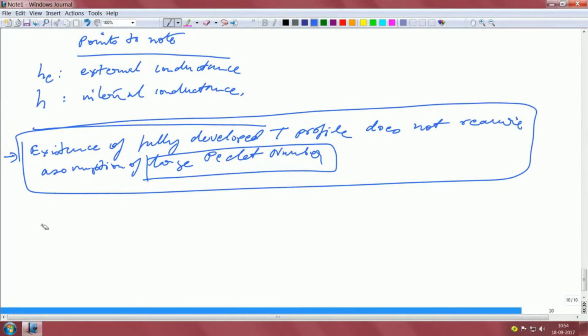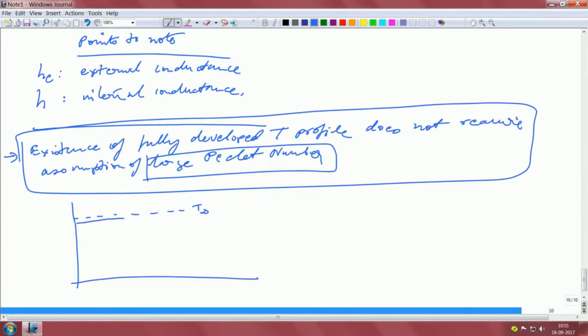Based on this, we can also draw a couple of profiles over here. Say, for example, in the case of the high Biot number case, this is your T infinity. Look at it carefully.